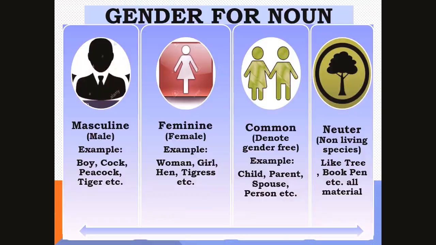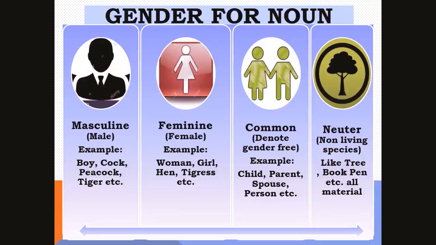Now, the masculine means male. Boy, cock, peacock, tiger. These represent masculine, the male species, the male version of this proper noun. That's why these are called masculine.